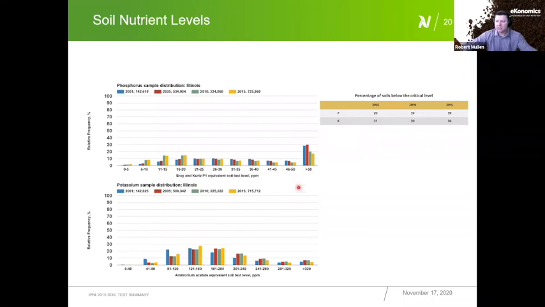The only reason I point this out is, if you look at Illinois, I picked a really poor example to illustrate this, so I'm going to use Ohio as an example. You notice there's not a whole lot of fields above 50 parts per million Bray P1 soil test level. Specifically, in the 2015 analysis, less than 20% of the fields.